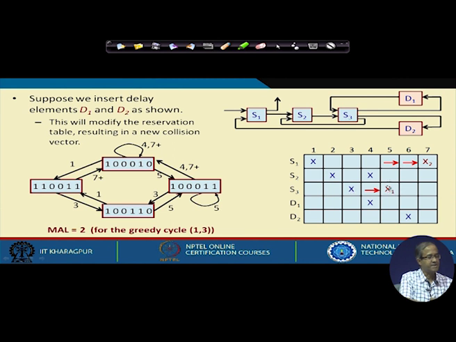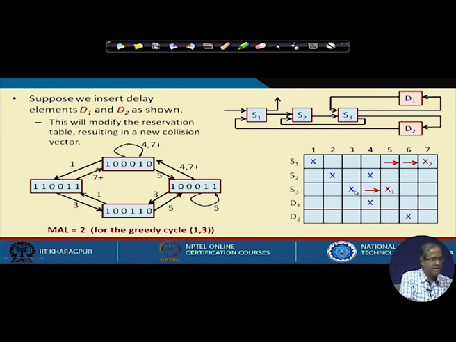This check mark will get shifted here, and after S3 you first go to D1, then you go back to S3. Earlier you were directly going to S3. Similarly, from S3 you go to D2, then you go to S1.